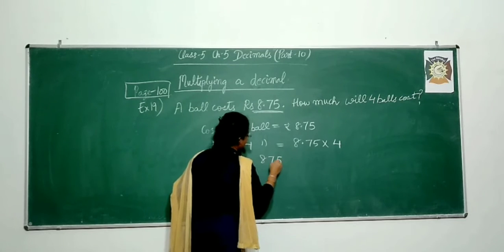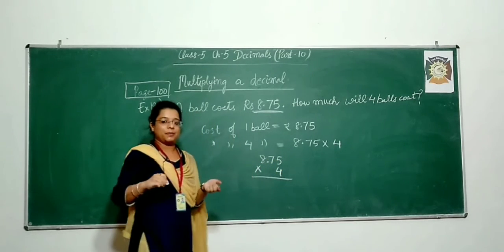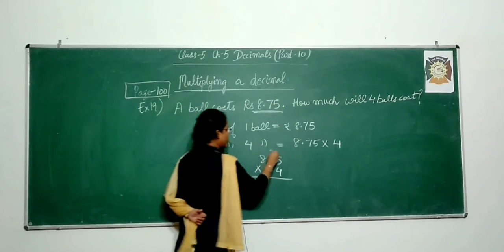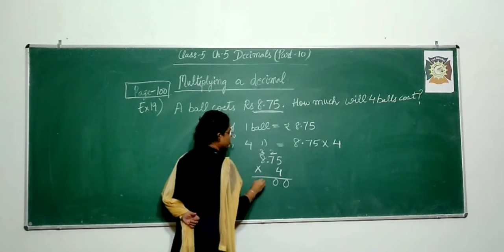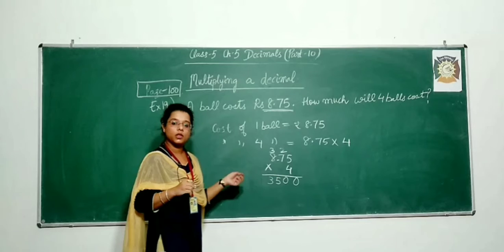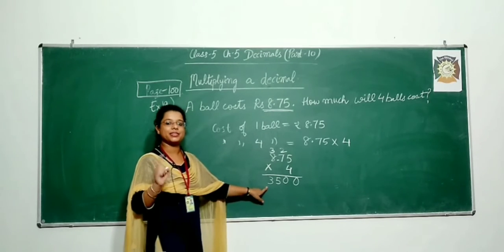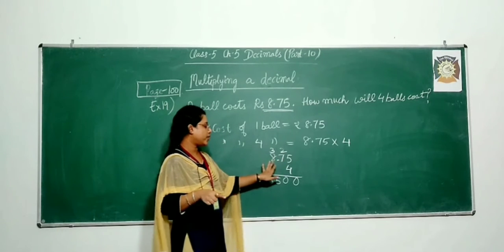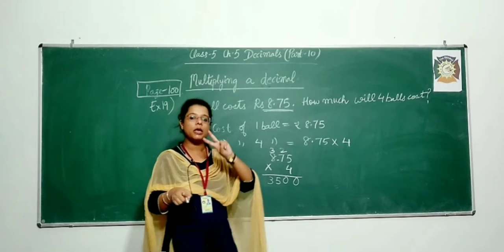So how are you going to multiply these numbers? You will simply write 8.75 multiplied by 4. You will do the multiplication by the conventional method, that is 5 4s are 20, 7 4s are 28, 28 plus 2 is 30, 8 4s are 32 plus 3 is 35. In the product obtained, you will place a decimal point. Where will you place it? In the question you are given 8.75, which has 2 decimal places.